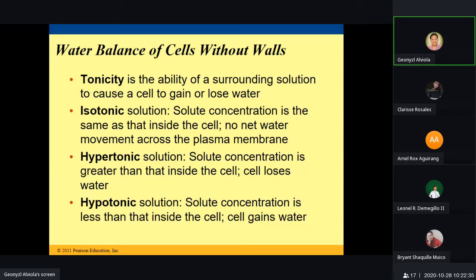Sa labas, na-immerse siya sa 100 ml na tubig. Since equal ang amount of solute sa loob and labas ng cell, semi-permeable man siya. So, may lalabas na 5 ml na tubig going out the cell. But at the same time, may papasok na 5 ml na tubig sa loob ng cell.